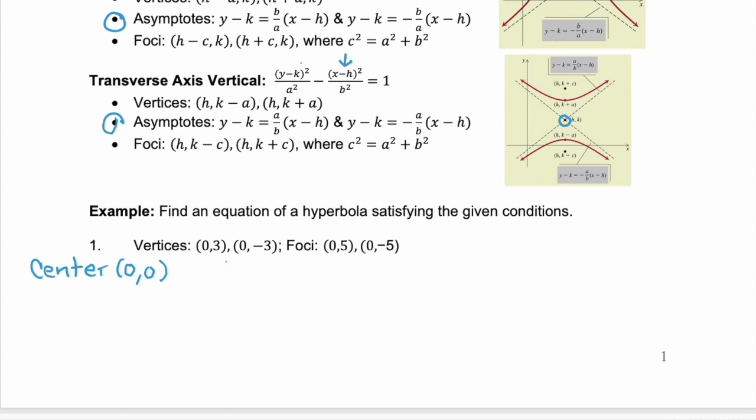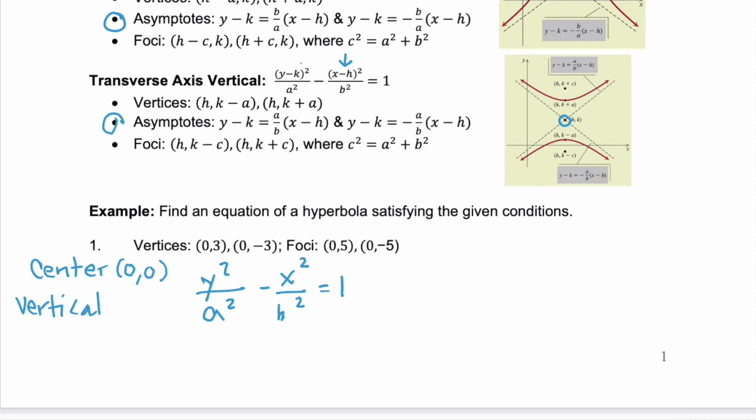And then we know that it's transverse vertical, right? Because vertical is y, and we have values in the y. And knowing that tells us the equation we need to use is y squared over a squared minus x squared over b squared equals 1.